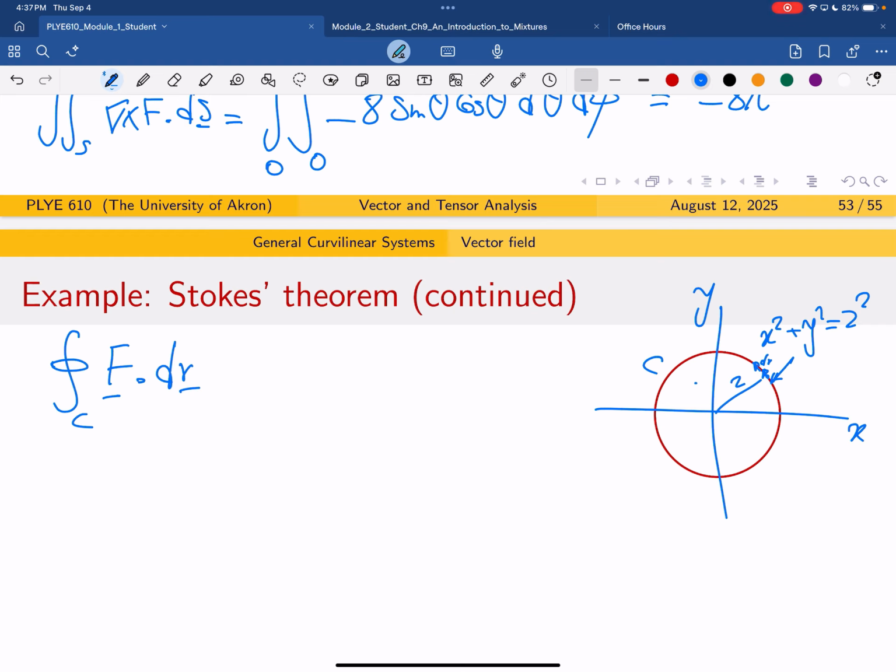Okay, so if you think about something moving along that line, dr corresponds to the displacement. Instead of doing this, what we usually do is we call it a parameterization of the path. So instead of dealing with x and y, we are going to use a trick to introduce a third variable, usually t, to simplify this integral.